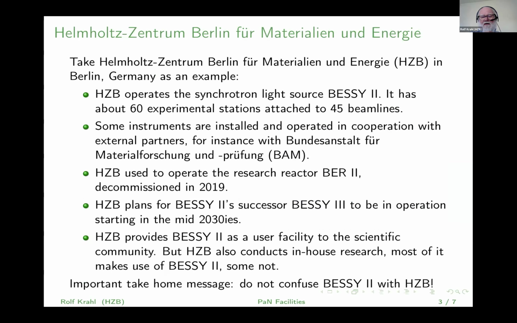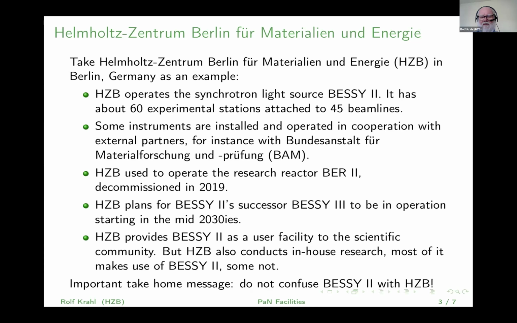I would like to take my own facility, the Helmholtz-Zentrum Berlin für Materialien und Energie, HZB, as an example to explain a little bit the difference between the organization and the facility. HZB operates the synchrotron light source BESSY II. It has about 60 experimental stations attached to 45 beamlines. Some instruments are even installed by external partners.